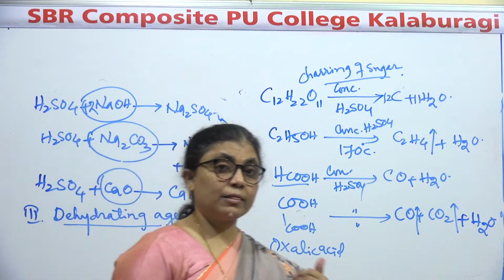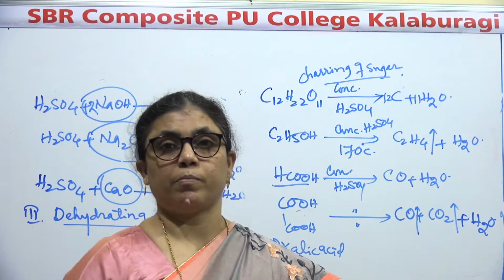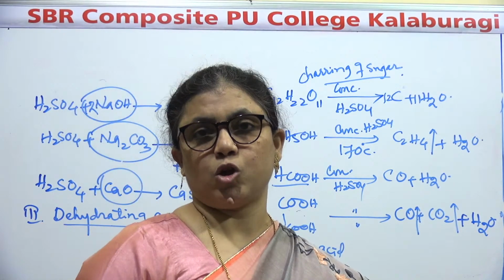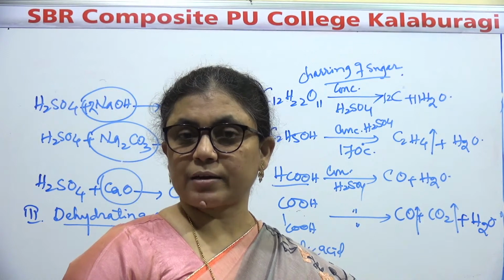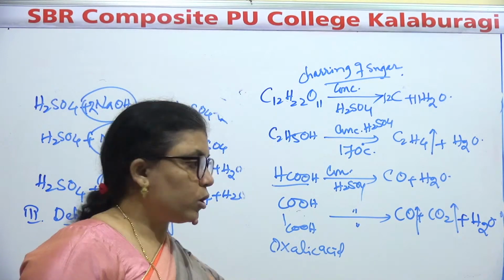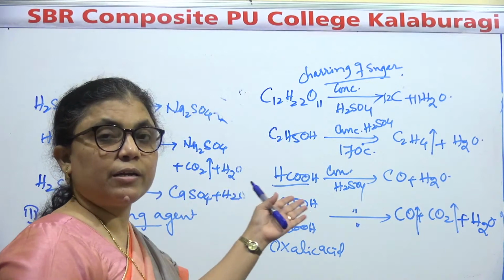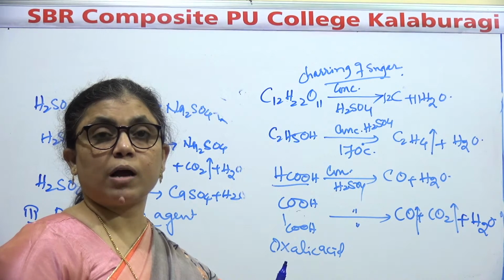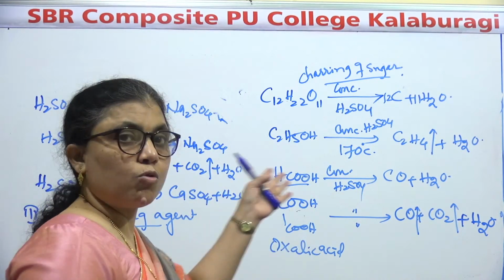Now, other than that, one more thing you need to remember, that sulfuric acid acts as an oxidizing agent. Carbon, when treated with concentrated sulfuric acid, is converted into carbon dioxide. Copper is converted to copper sulfate.